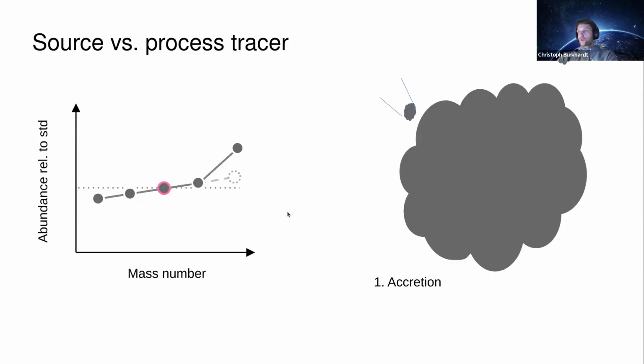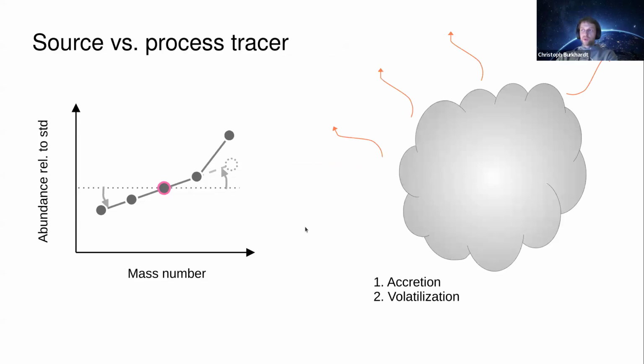And why this is so useful, I can show you in an example. So let's assume we form a planetary body. We accrete it from dust. And this body initially has this isotope composition and this specific anomaly. Now, the body heats up, and maybe some of the element that we're looking at is lost. Usually the light isotopes are lost more easily because they react faster.